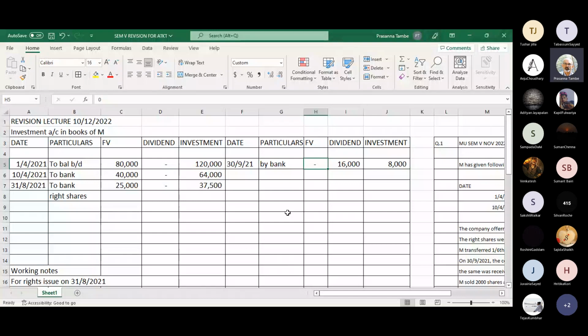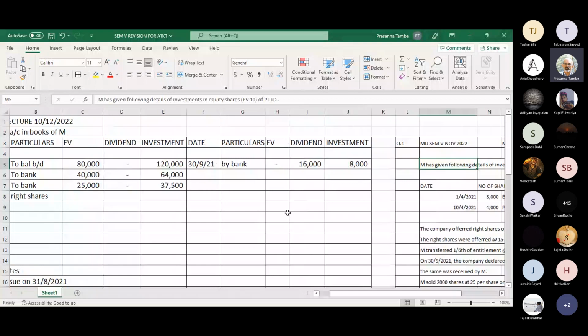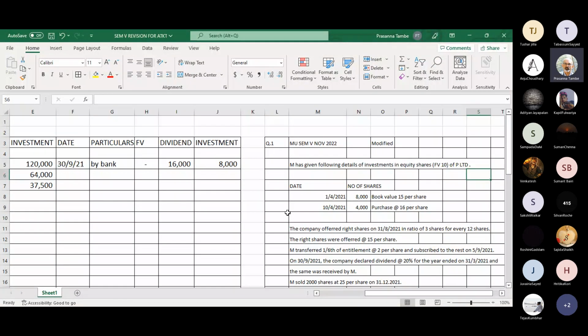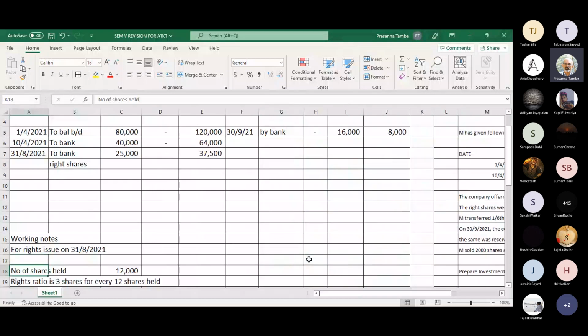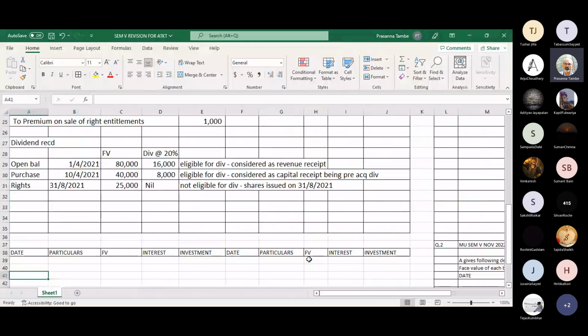Now coming to the next adjustment, sale. In the original question in the university, this sale was not there. I have slightly modified the question and added the sale. The sale is happening on 31st December and 2,000 shares are sold. Okay, so let's find out the weighted average cost. Let's find out the profit or loss, and then we'll go to the accounting for this. One more working note we'll have to do.